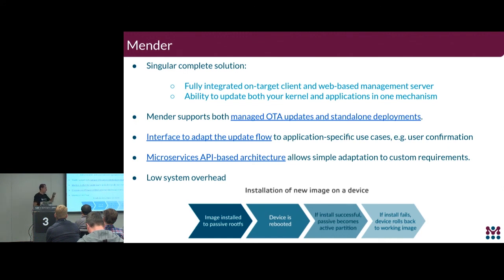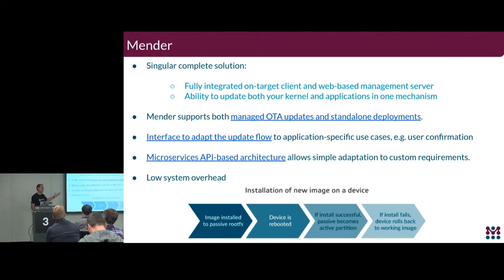And one important part of the server architecture is that it's microservices. I don't know, it's a buzzword. But the important part is it's API based. We do have a management front end, so you can log in to the server and so on. But all the functionality is exposed through APIs.